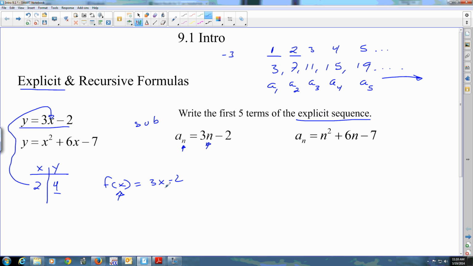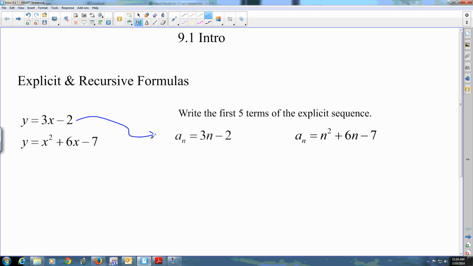Whatever this variable is, there it is there. Well, when you're dealing with a sequence, it's a sub n equals, and then the n is somewhere in it. So rewriting this using this explicit sequence notation, this would be a sub n is equal to 3n minus 2. And this one would be a sub n is equal to n squared plus 6n minus 7.